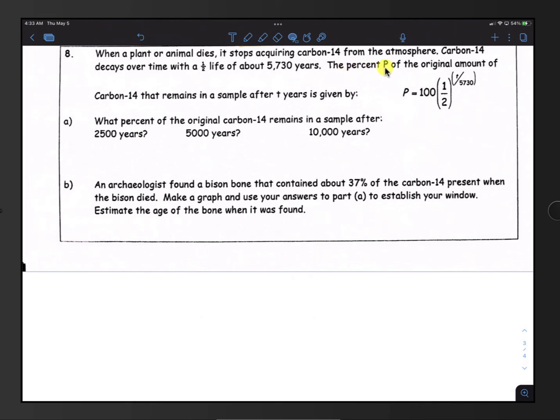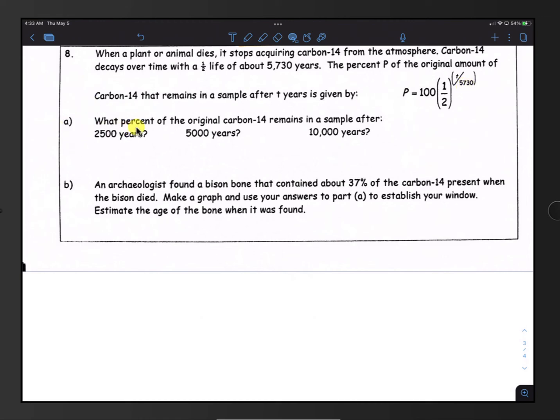All right, then it says the percent P of the original amount of carbon-14 that remains in a sample after T years is given by this equation. So that's 100 representing 100% at the time of death times 1/2 raised to the power of T over 5730.